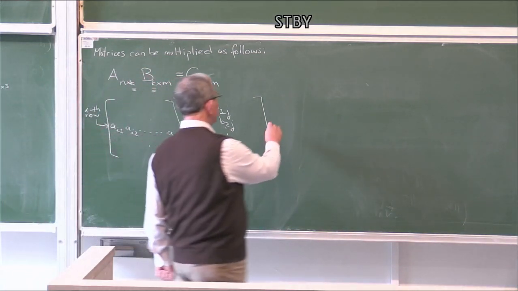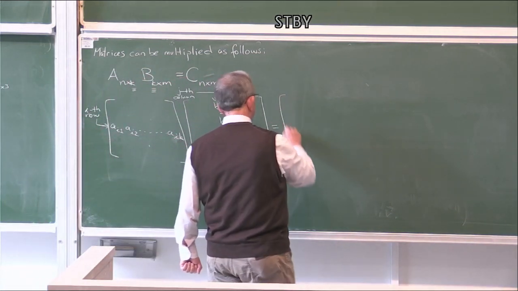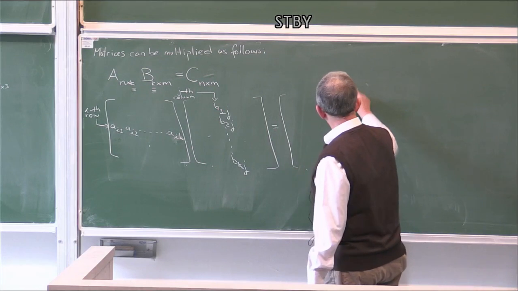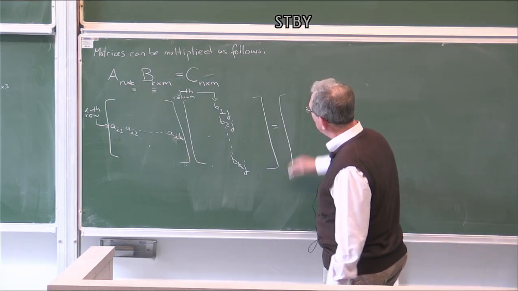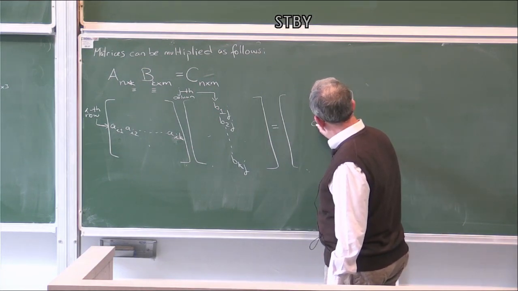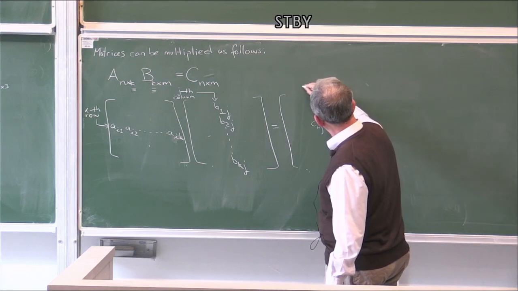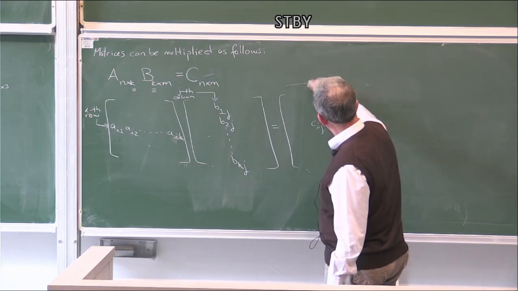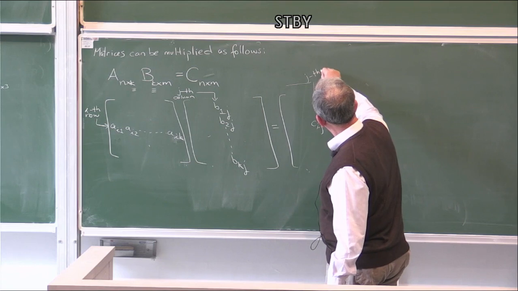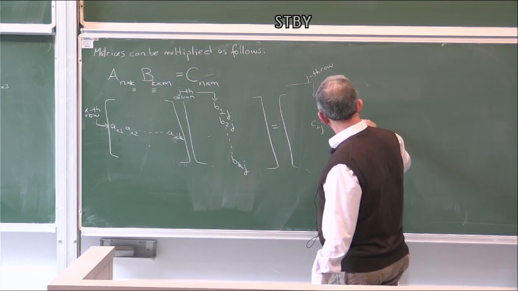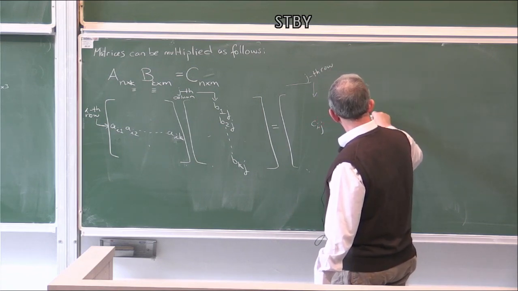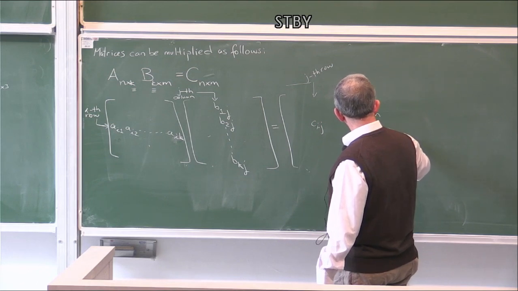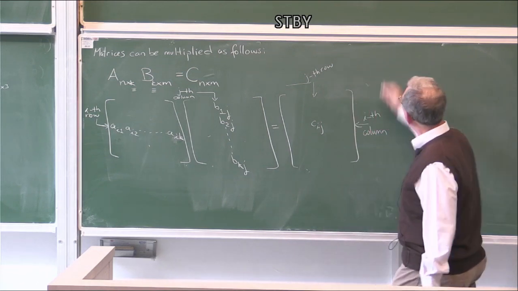At the end, this will be the C matrix where I have somewhere Cij. So this will be in the ith row and jth column. So what is Cij?